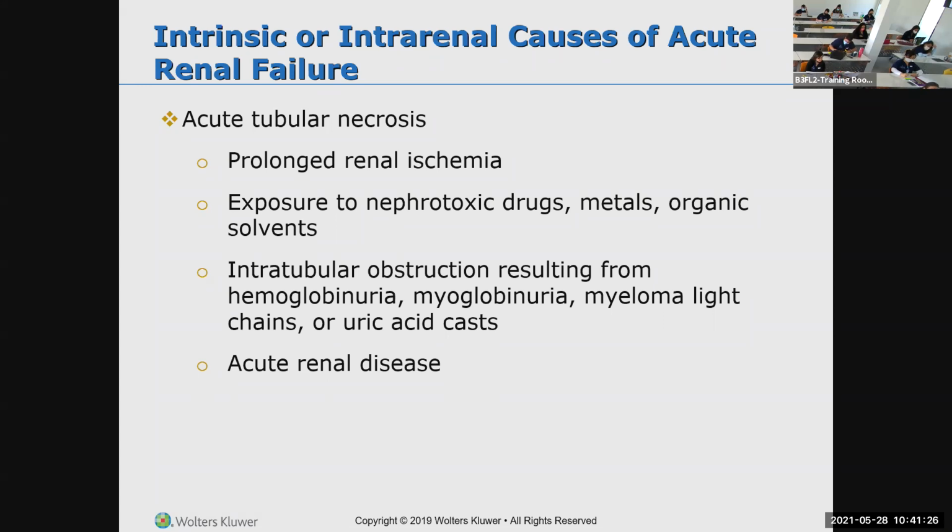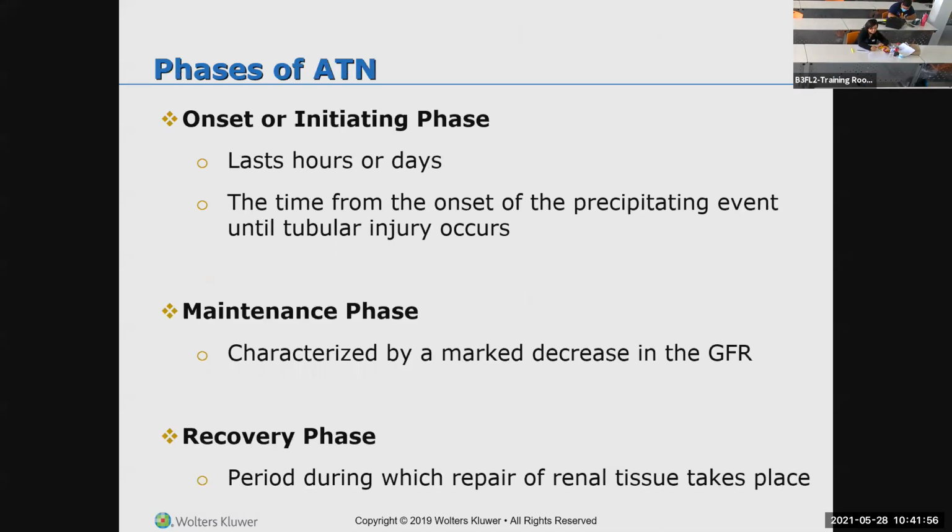Drugs, metals, or organic solvents. Intratubular obstruction: renal tubules become obstructed, resulting from hemoglobinuria, myoglobinuria, everything coming out, myeloma, or a uric acid cast. They damage my renal tissue, which leads to acute renal failure.